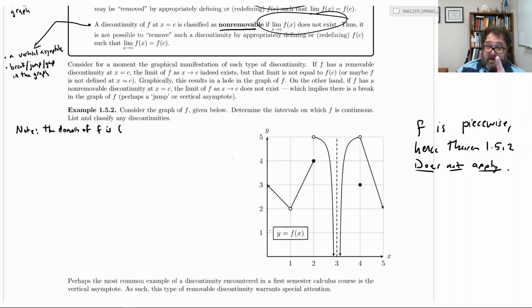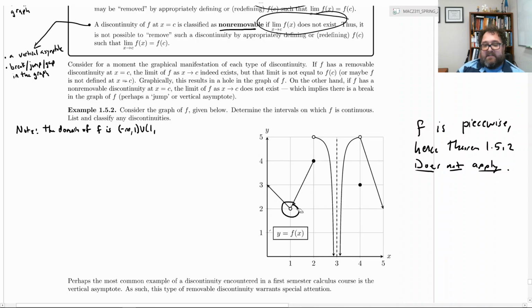Where it's not going to be defined is where there's a hole and not a solid dot, and where there's a vertical asymptote. So notice there's a hole right there with no solid dot above or below. So that's not in the domain. So 1 is not in the domain. Also notice that arrow indicates we go forever to the left. So it's going to be negative infinity to 1 union 1 to something.